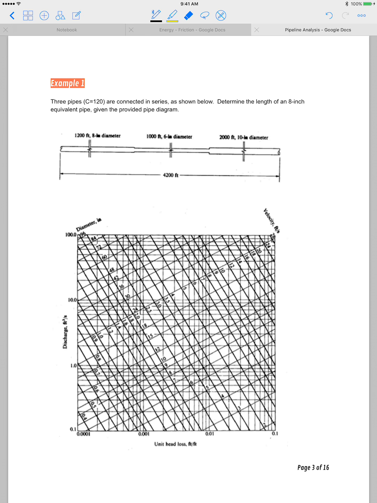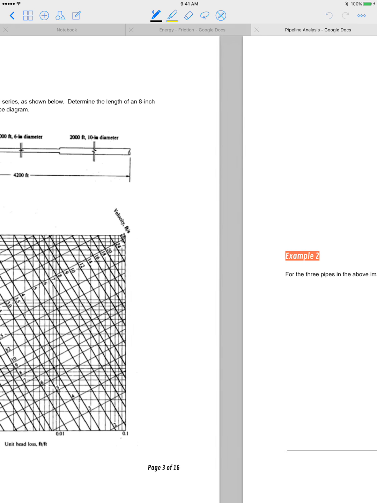So if we had a 36-inch diameter pipe at a 100 cubic foot per second discharge, we can drop it down here to figure out what the unit head loss in feet per foot is. Okay, does that make sense? Perfect. So we're going to use these two images to solve the problem. So let's see what that's all about.